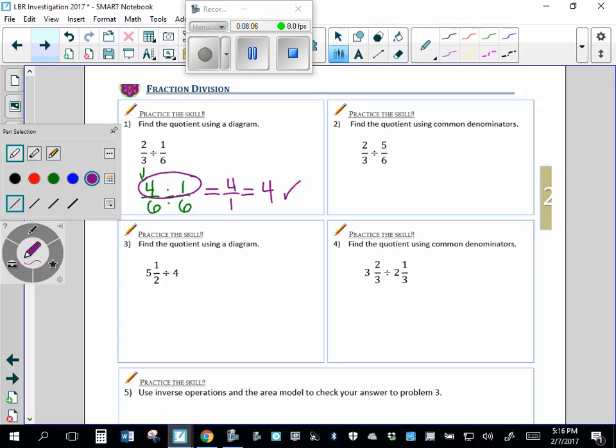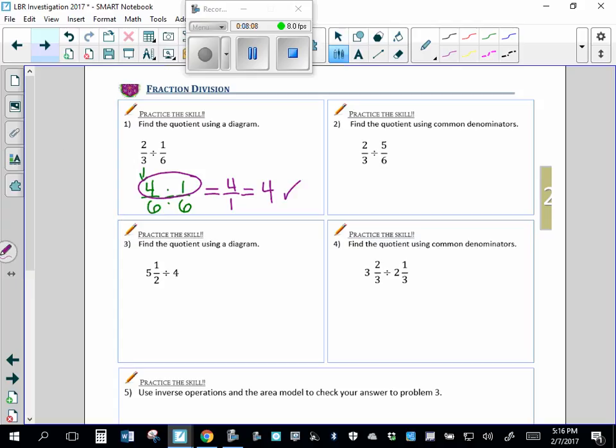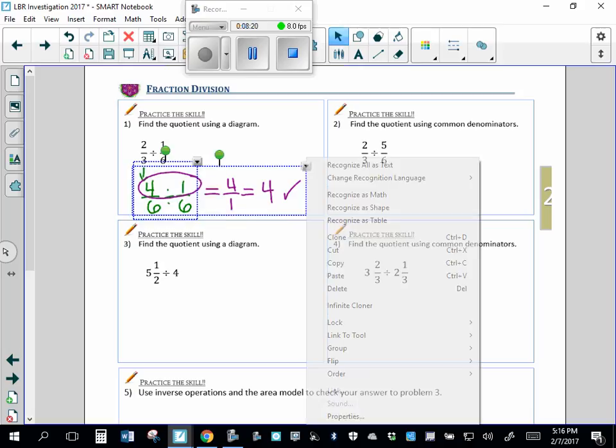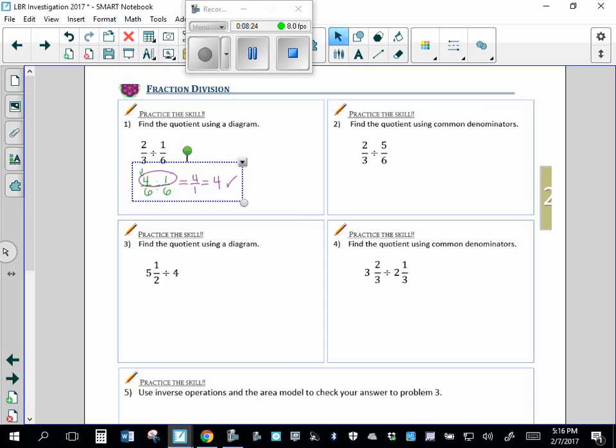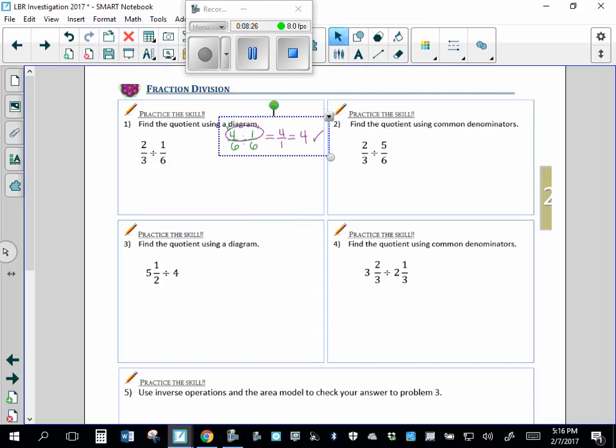That's your final answer. Oh, except that problem asked me to use a diagram. So, even though this is correct, let's show that it's true with a diagram.